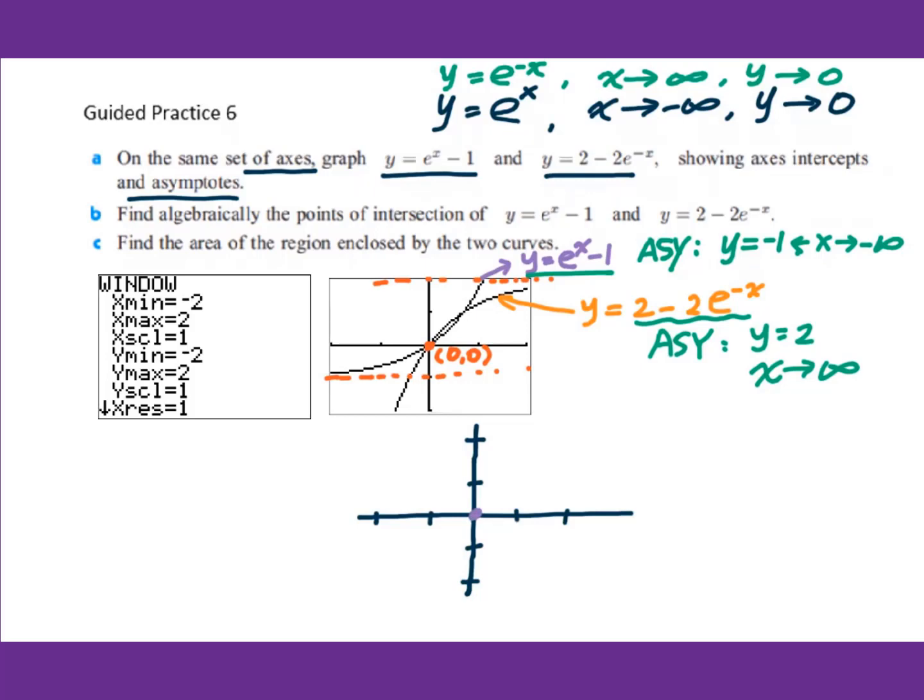Zero, 0, and y equals negative 1. This will be y equals e to the x power minus 1.